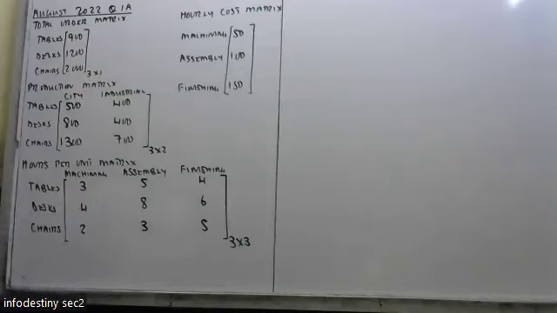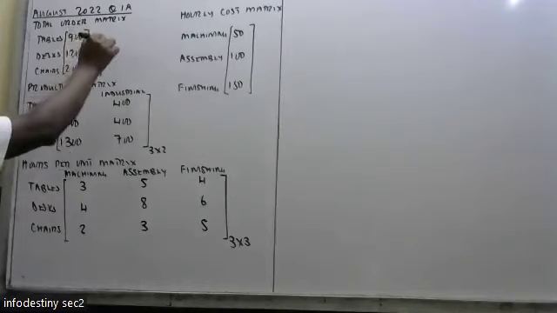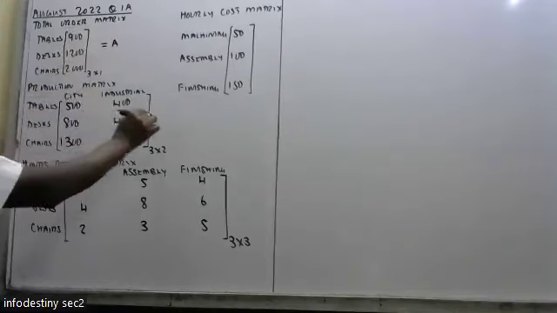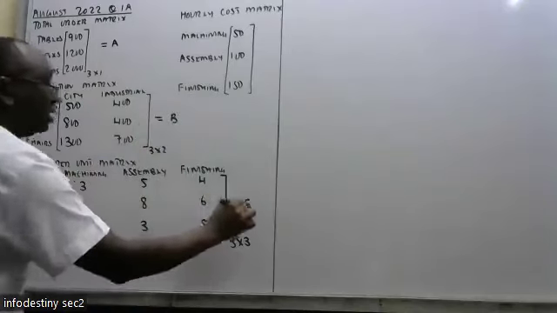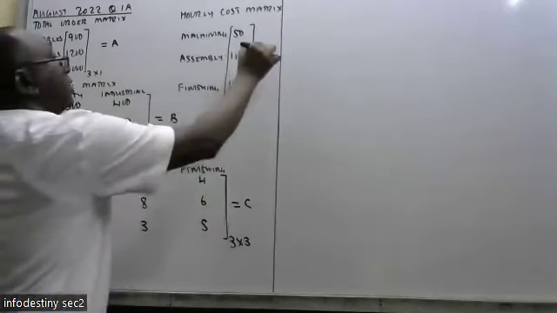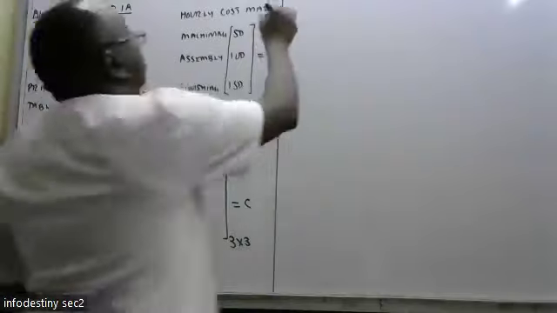How do we go about it? First of all, if I come back here and say this is my matrix A, this one is my matrix B, this is my matrix C, and this is my matrix D.